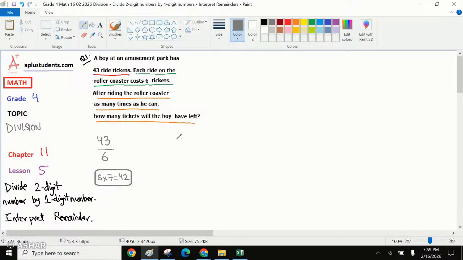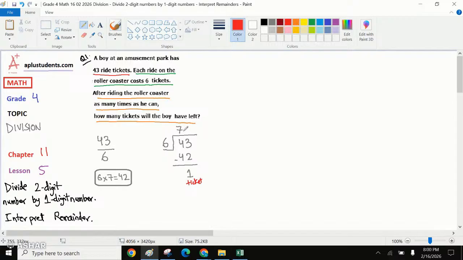That means when we do the long division, we write 43 divided by 6. 6 times 7 is 42. When we subtract, we are left with 1. That means he is left with 1 ticket.